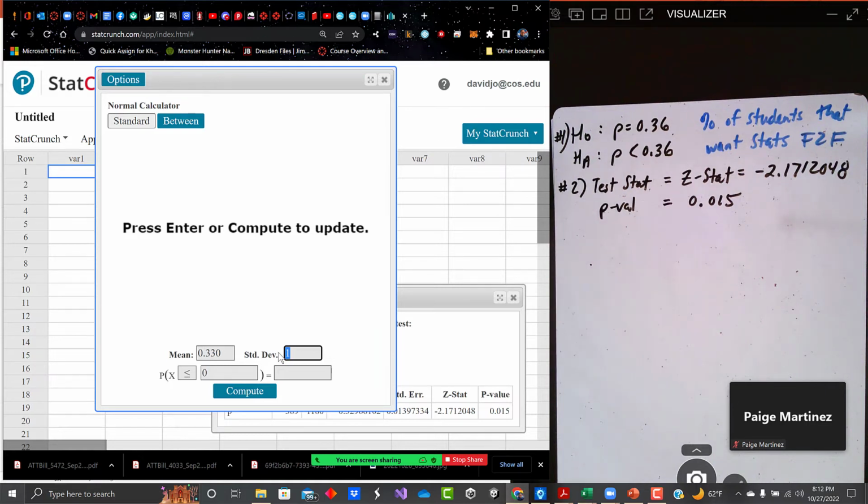And standard deviation was calculated at 0.013685. And this is the probability that x is less than 0.36.